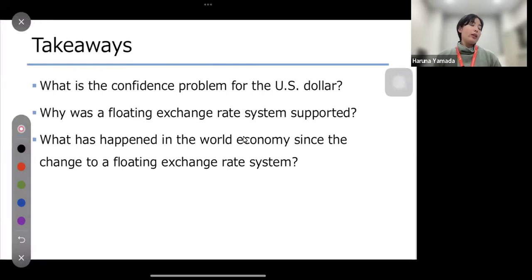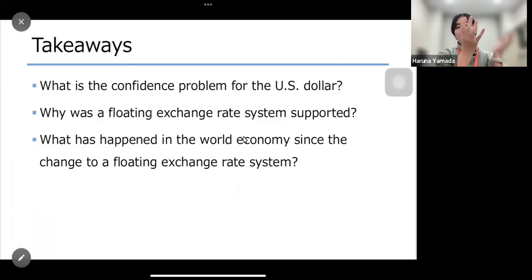Okay, so this is the end of our lecture. What is the confidence problem of the US dollar? The US dollar is just paper, but backed by gold. Gold has actual value.